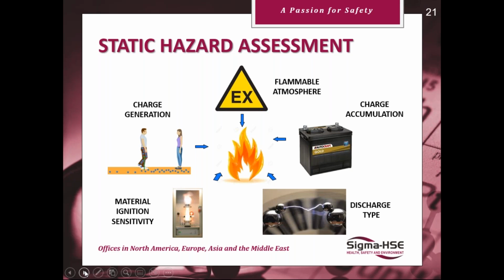What's its minimum ignition energy? Is it very low, 3 millijoules, 1 millijoule, or is it high, up to a joule? This will decide again which route you take. And what type of discharge can you get? Can you get a corona, a cone, a brush, a propagating brush, a spark?